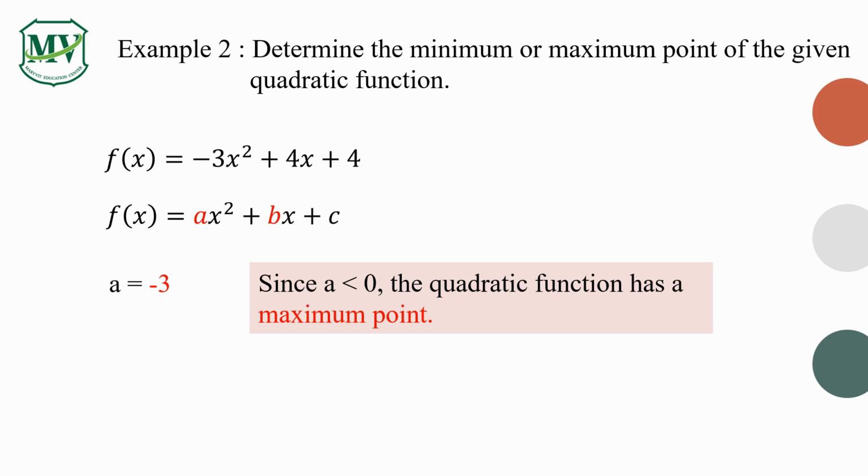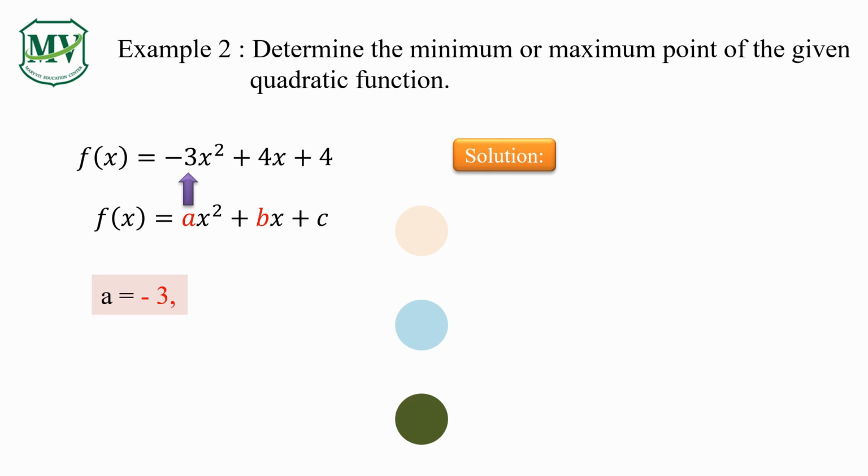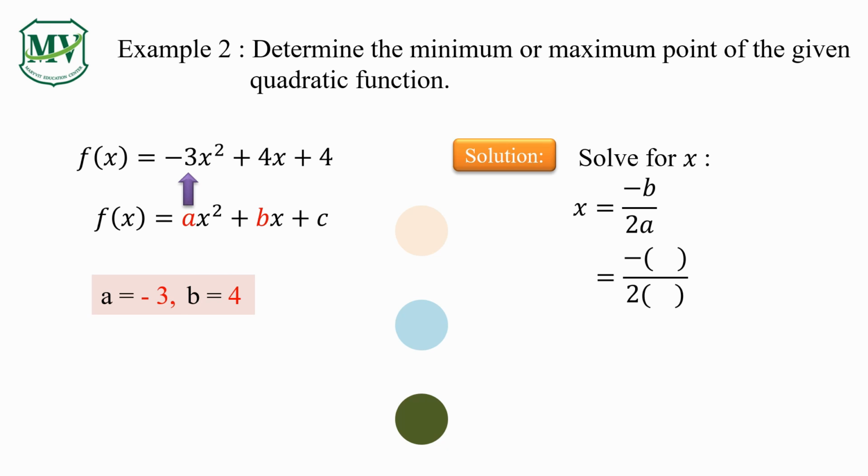To find the maximum point, we have to solve for the value of x using the formula x is equal to negative b over 2a. From the given quadratic function, a is equal to negative 3 and b is equal to 4. Replace b and a using its values, 4 and negative 3.